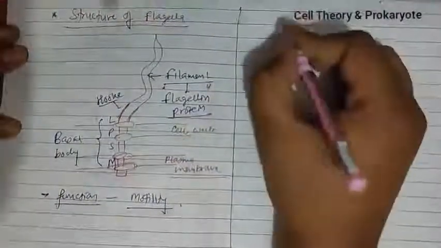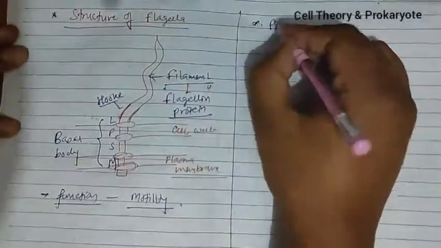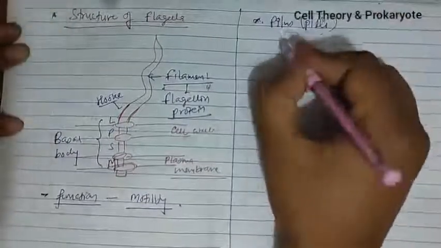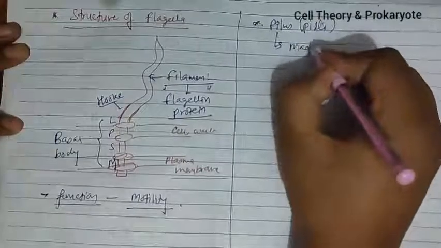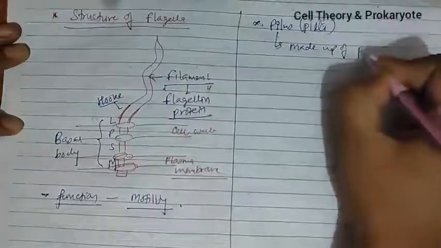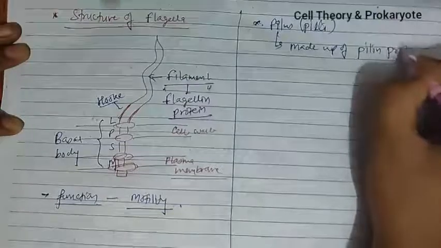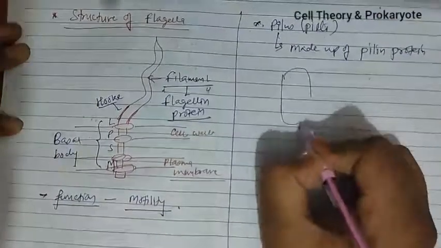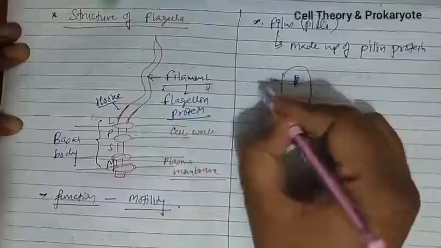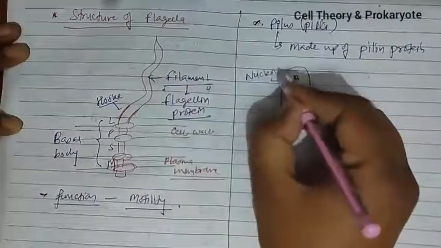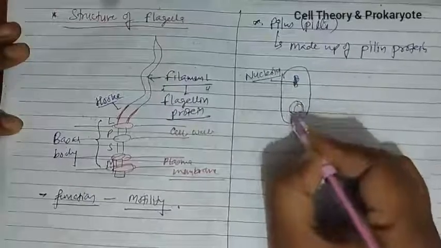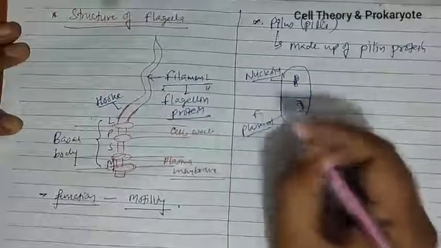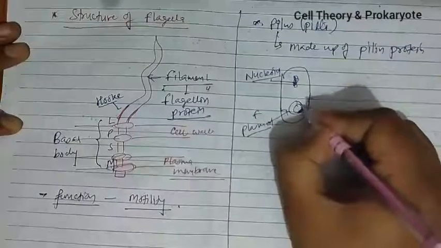Next we talk about another structure, that is a pilus or pili. This pilus or pili is made up of pilin protein. Suppose this is the bacteria. This bacteria has this nucleoid and it has another plasmid. Suppose this is an F plasmid, then it has a gene that is known as F factor.